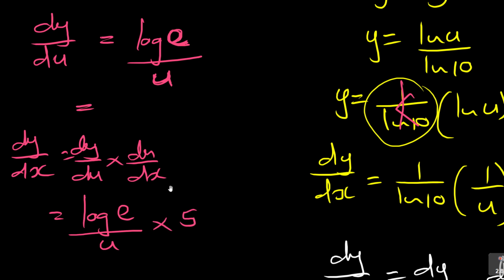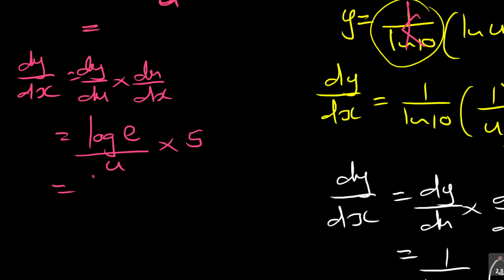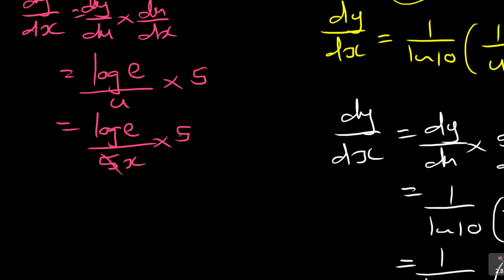So we come here, u is 5x, which is log e over 5x times 5. I think it's coming out right. Cancel that, cancel that. The answer is log e over x.